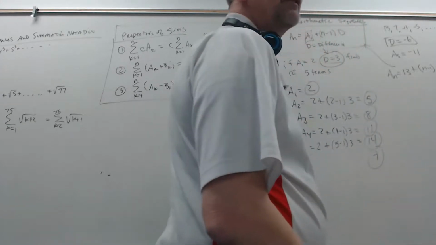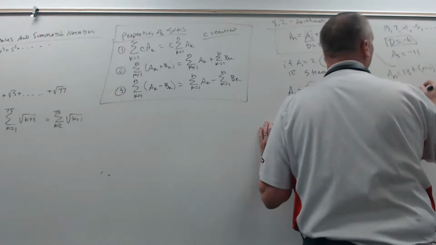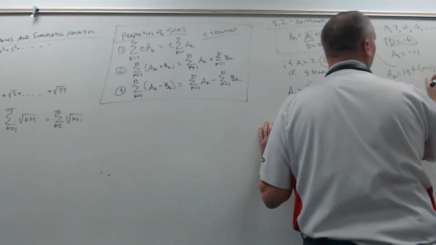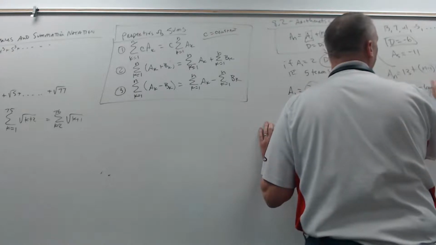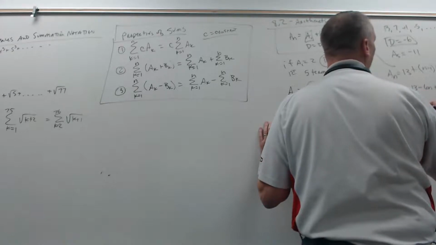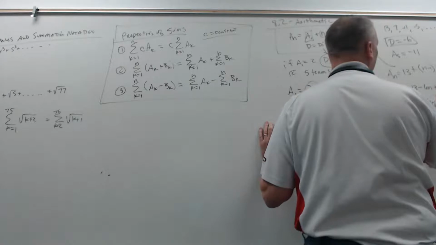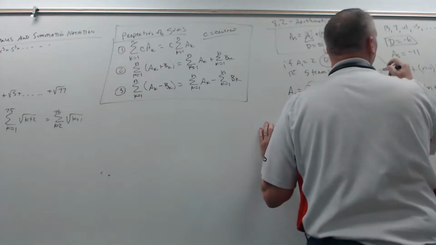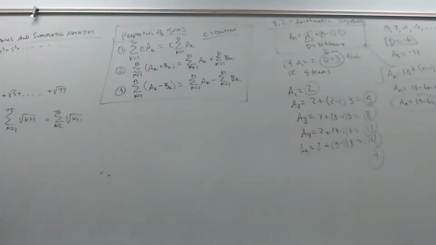I could even simplify that a little bit. So a sub n equals 13 plus -6n plus 6, which would simplify to 19 minus 6n. Or you could leave it in that form too. Does that make sense?